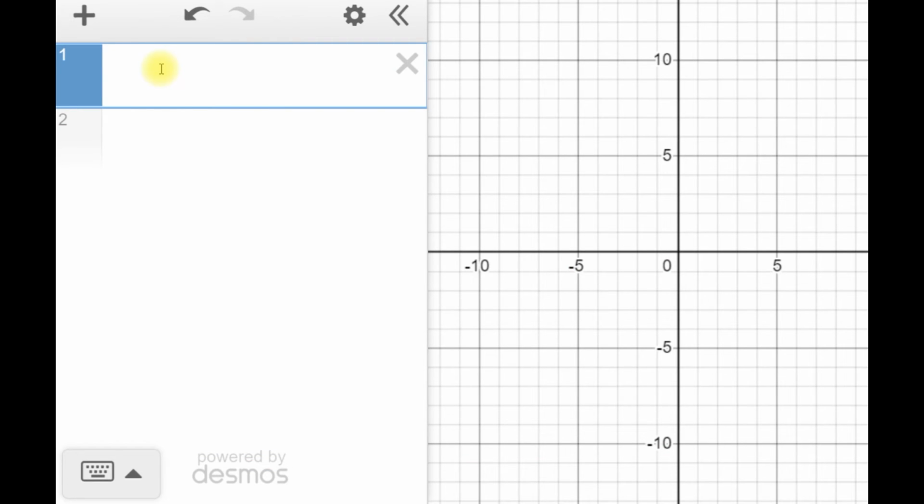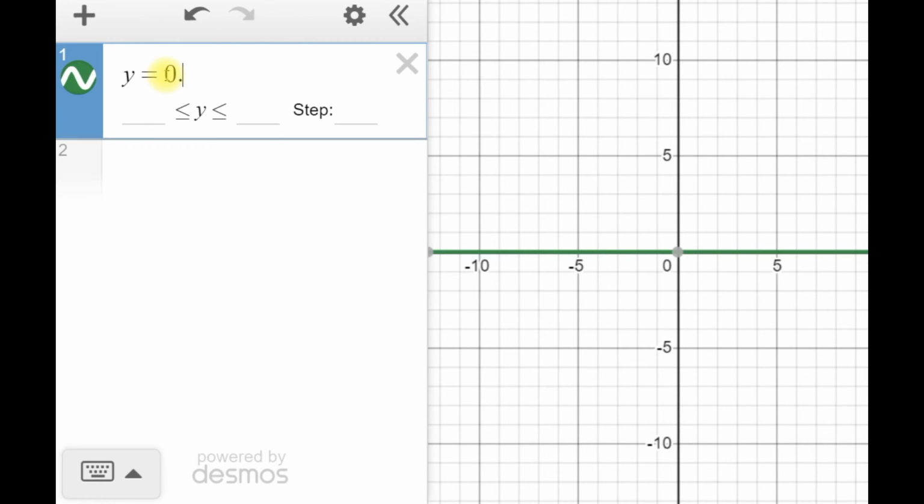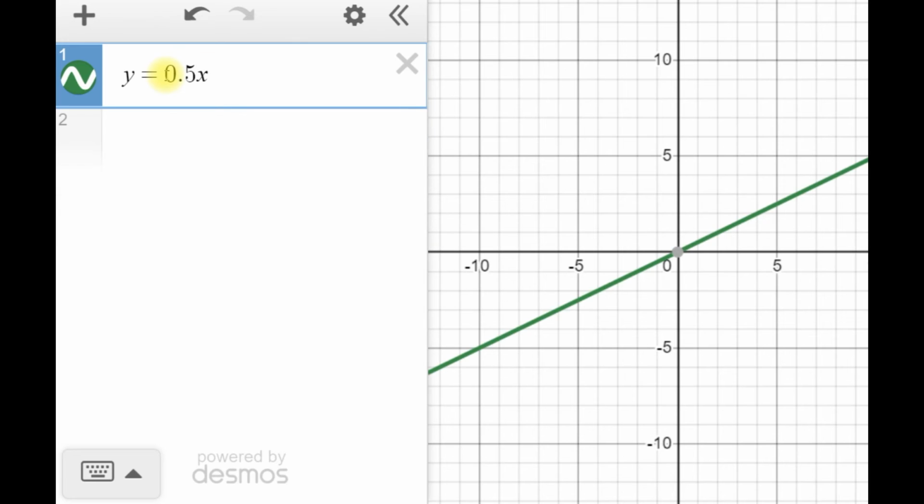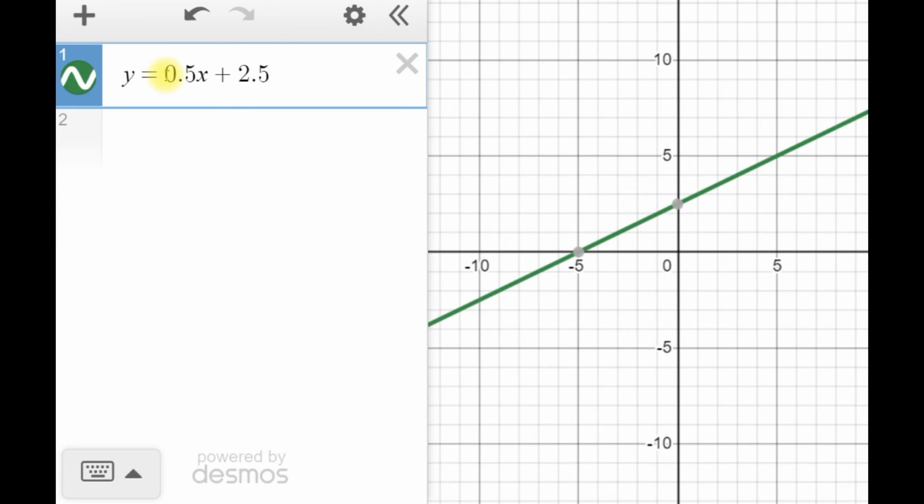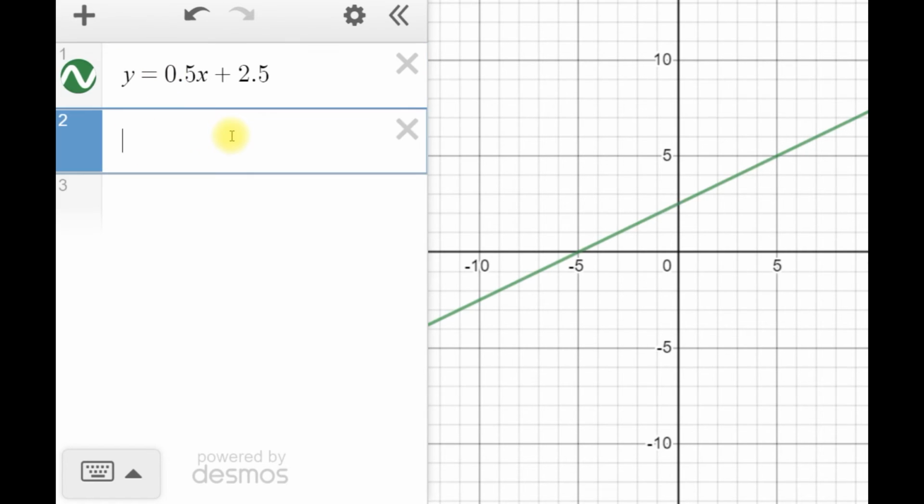Now I will use the Desmos graphing package to plot these lines. So the first one, y is equal to 0.5x plus 5/2, which is 2.5. So this will be the green line as is shown here.